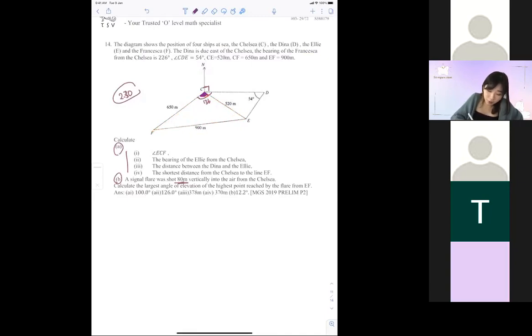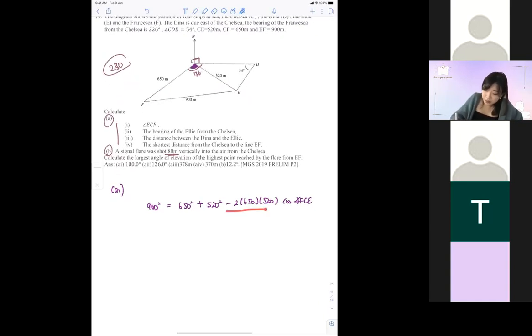If you remember the formula, A square equals B square plus C square minus 2BC cosine A. Rearrange a bit. This is minus, bring over plus, positive, bring over minus.